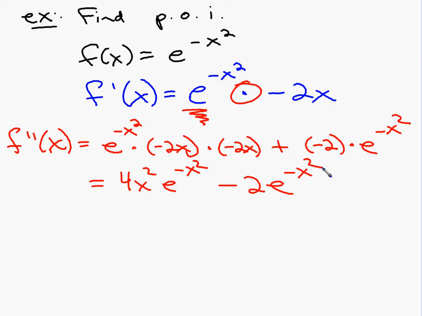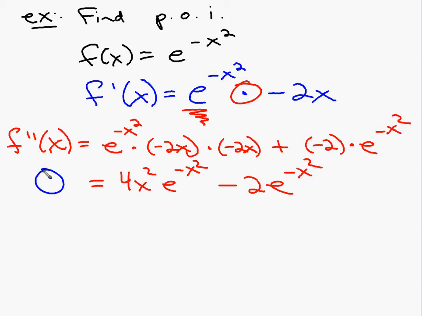Now, remember what we're going to do? Are we going to set this equal to 0? And if you remember one of the tricks I told you, anytime I'm setting something equal to 0, it helps me if I can write the algebra expression as a product.